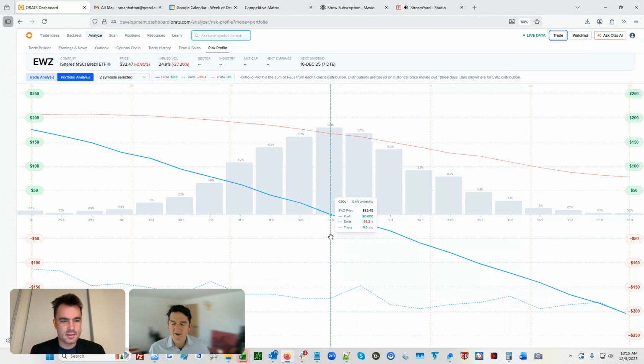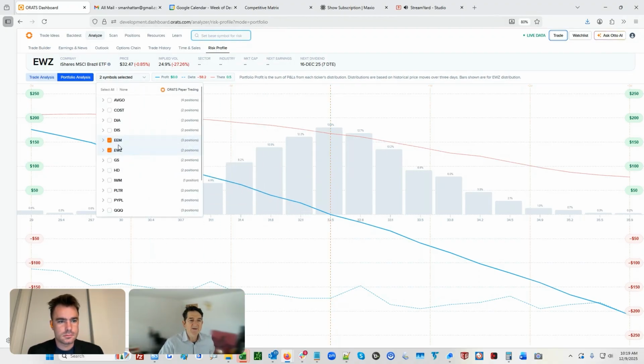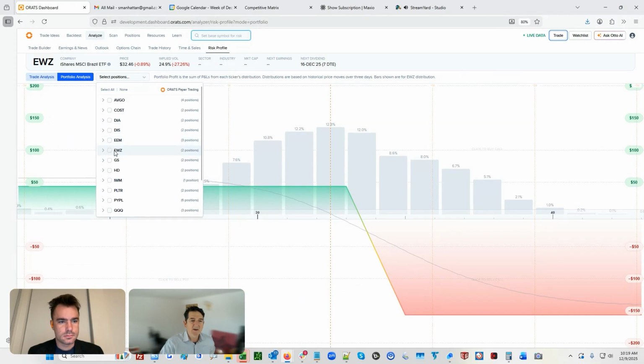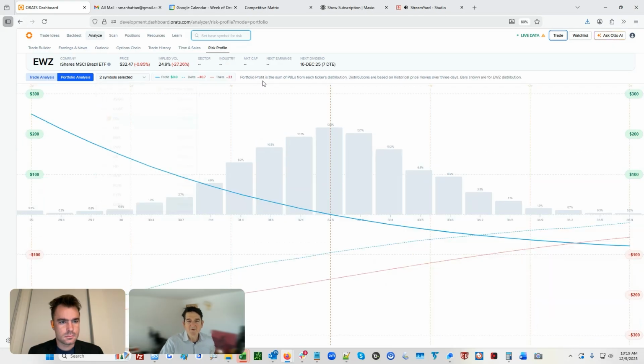Yeah, right. With beta weighting and correlations, I would want to group these. So I see EEM and EWZ, but maybe I want to look at just XLE, or maybe diamonds, more industrial type things, right?